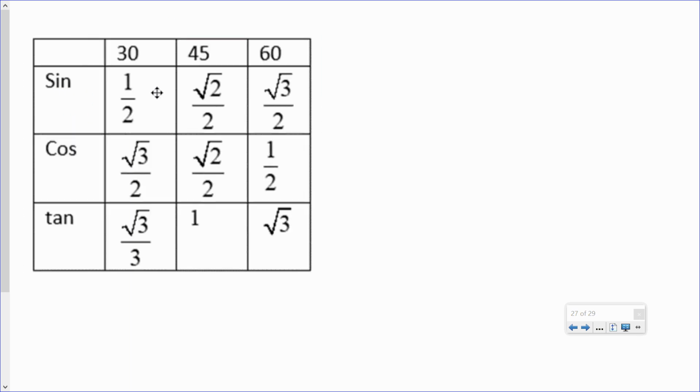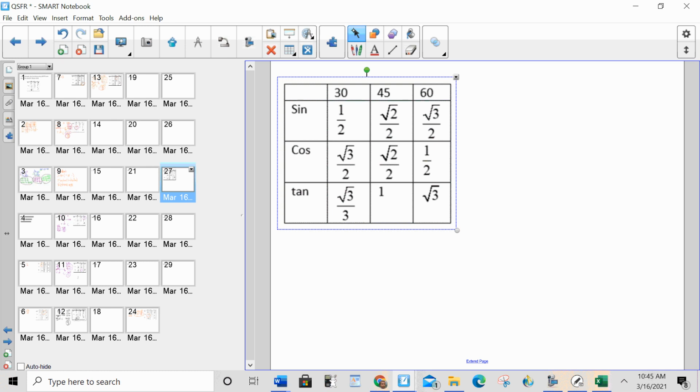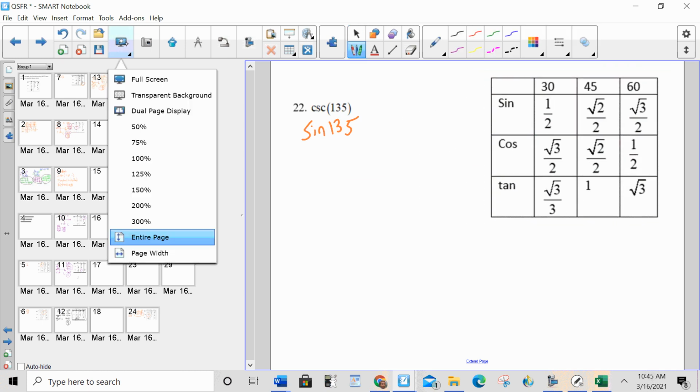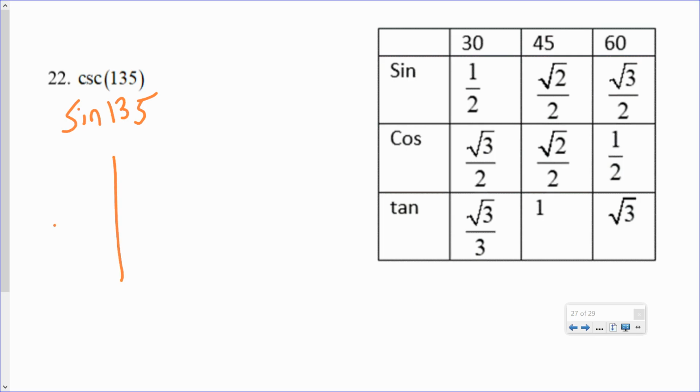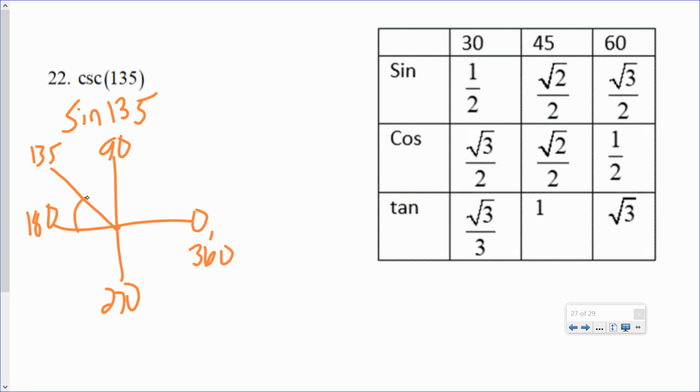So, let's do 22, cosecant of 135. I'm first going to find the sine of 135. I'm going to draw my little grid, 0, 90, 180, 270, 360, 135. The reference angle is 45. All students take calculus.